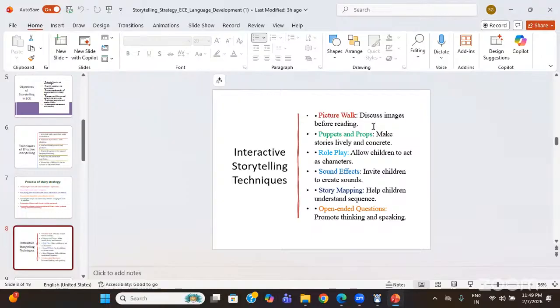You need not reveal what the story is about, but just discuss what are all there in the story. Okay, you can use puppets and props, you can do role play and some sound effects, story mapping, and then open-ended questions. This makes the story an interactive storytelling one. Okay.